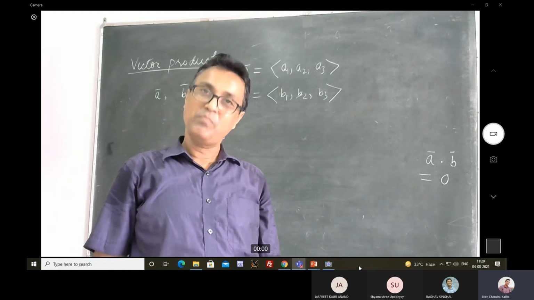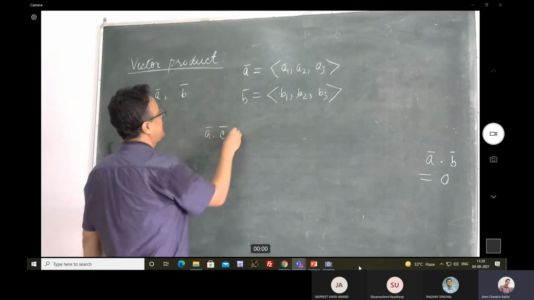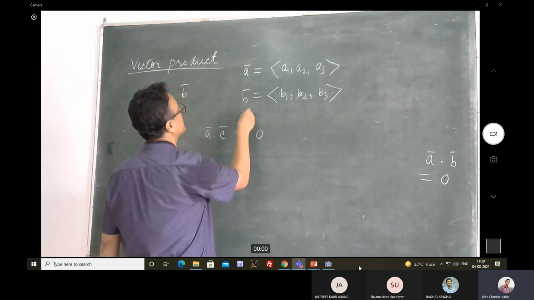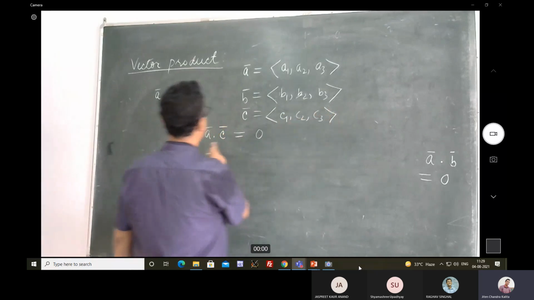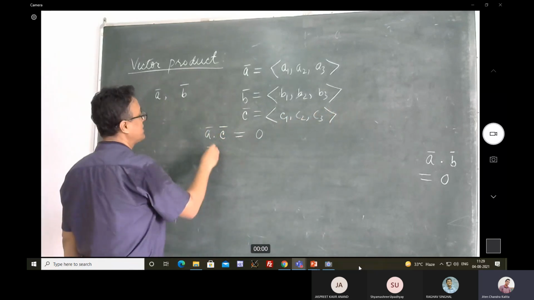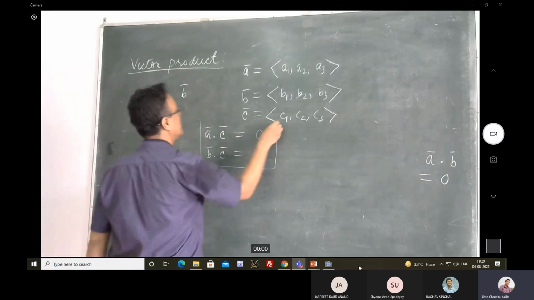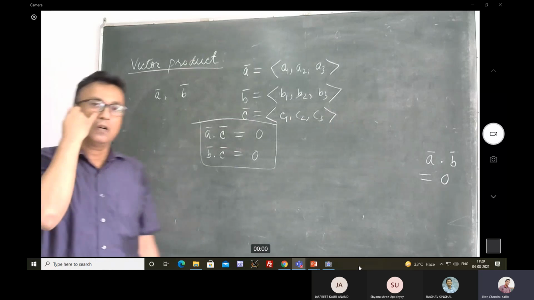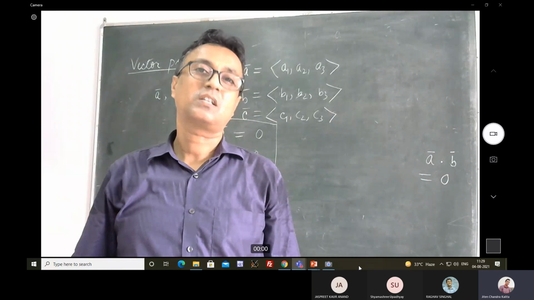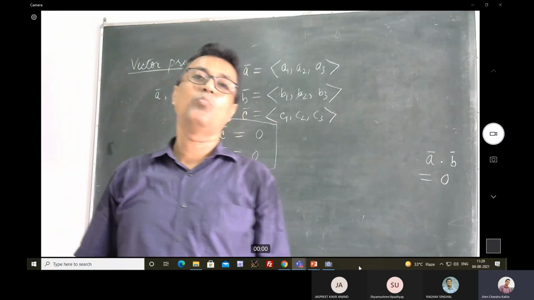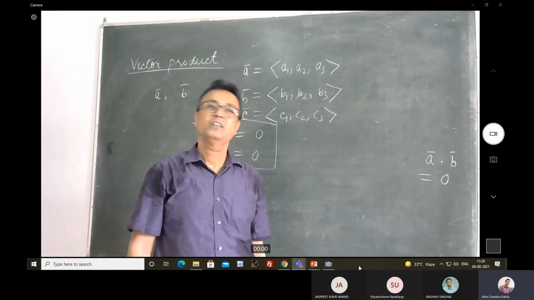Fine. So then what must happen? I must have A dot C equal to 0. And if I assume that the components of C are C1, C2, C3, I'm going to get this, and I'm going to get B dot C also equal to 0. Remember, these two relations have come from the assumption that we are seeking a third vector C in such a way that both A and B are perpendicular to the same vector C. Okay, fine.